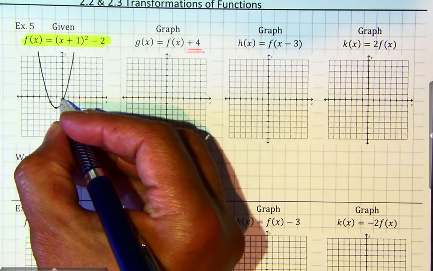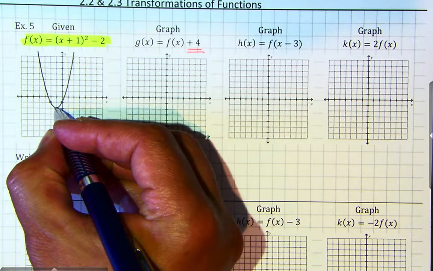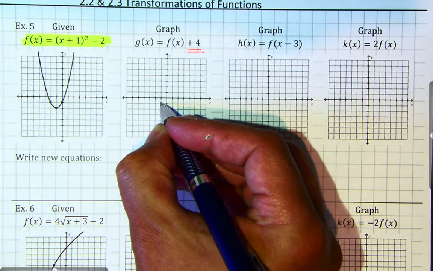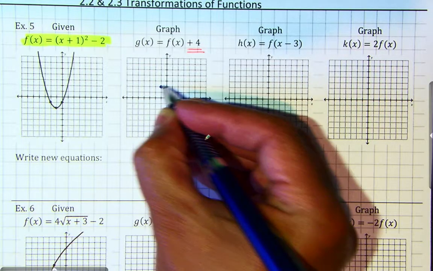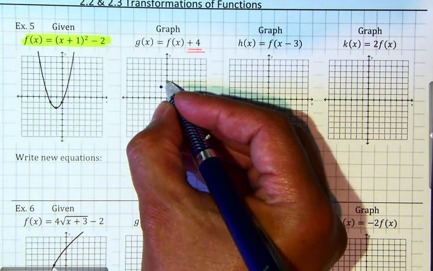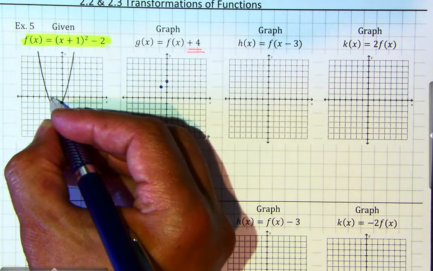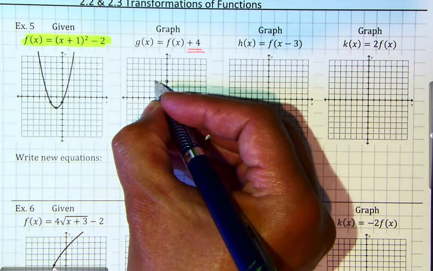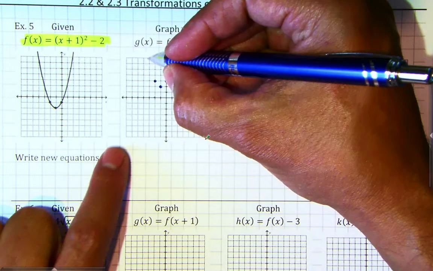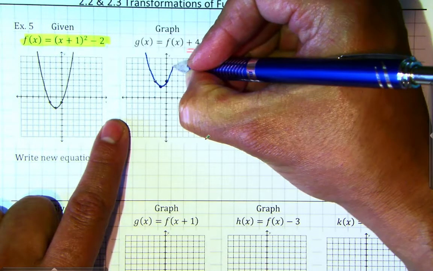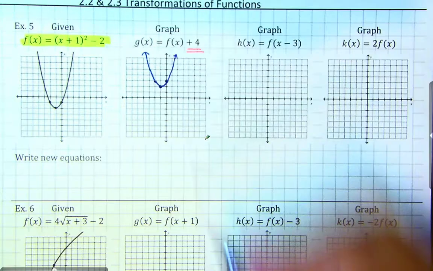This point is negative 1, negative 2, and we shift it up 4. This point is 0, negative 1, and up 1, 2, 3, 4. Negative 2, negative 1, and up 1, 2, 3, 4. Now we can connect all 3 points, keeping the same shape, and that'll be my new graph.